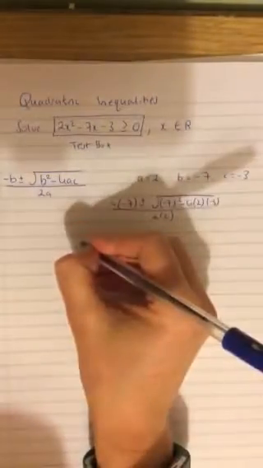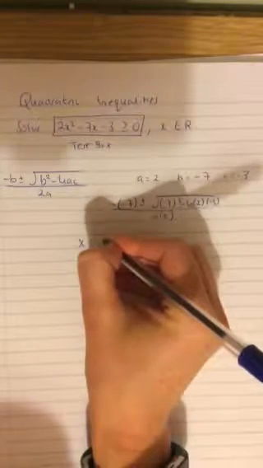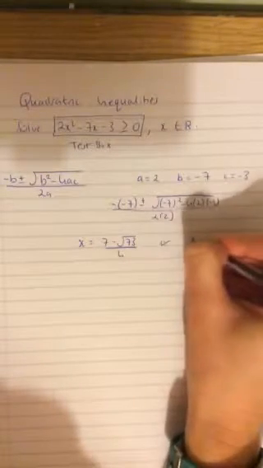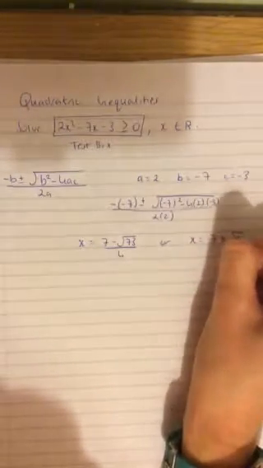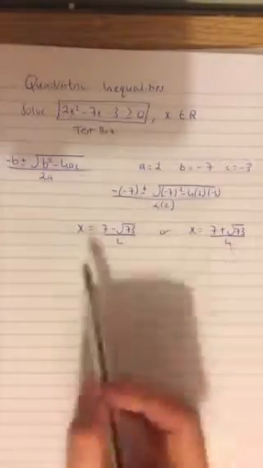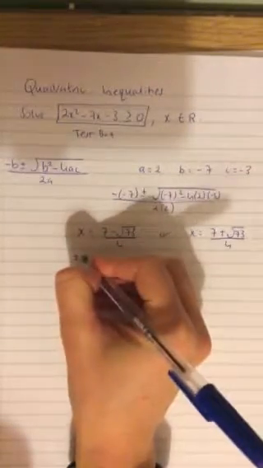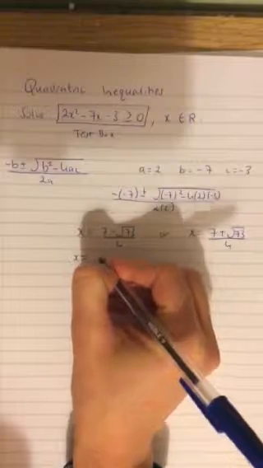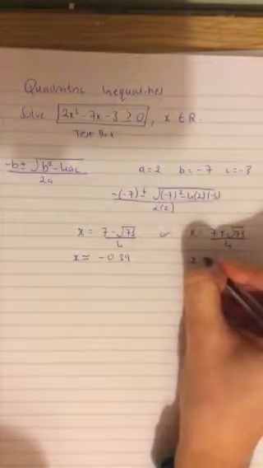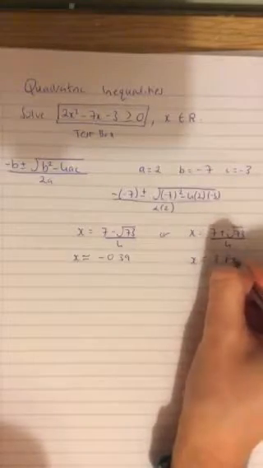Now, when you put that into your calculator, the two possible solutions that you get for x are that x equals 7 minus the square root of 73 over 4, or that x equals 7 plus the square root of 73 over 4. Now, to be able to solve this question, we change these into decimal form. So this is approximately, when you round it, minus 0.39. And then this one here is approximately 3.89.